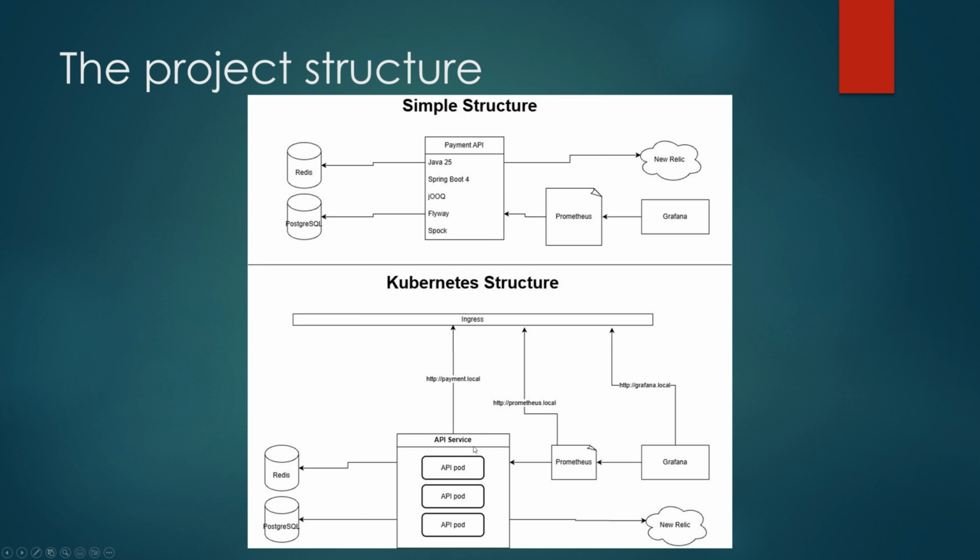Okay, so one other difference between the simple structure and my Kubernetes structure is that now we want to access our API using something like a new URL. So we are going to pretend that this is the internet, okay?